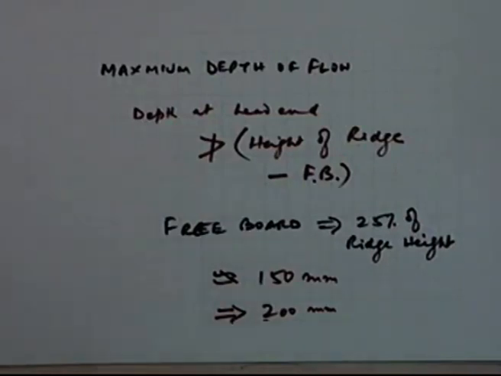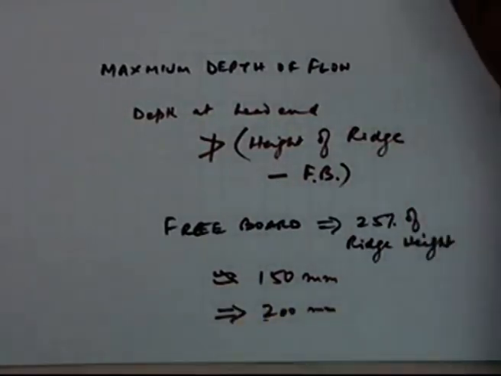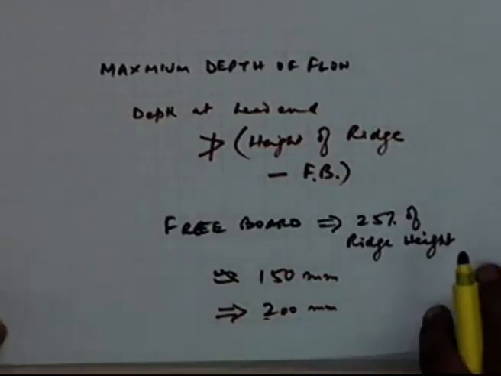The soils are not as erosive as in the cases where you are using a smaller depth. But the recommended depth is around 150 millimeters. These were the approximate ranges, but you also have relationships which can give you the depth of flow, the maximum depth of flow at the upstream end.